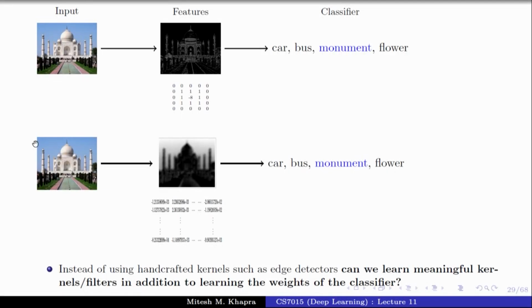Okay, that's the question which I am asking. And that's the difference between those static handcrafted features and what you do in something known as a convolutional neural network, where along with the weights of the classifier, you're also trying to learn the weights of the filter. Is that fine? So instead of using these handcrafted weights, you learn some other weights for the filter.